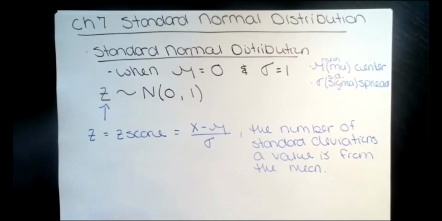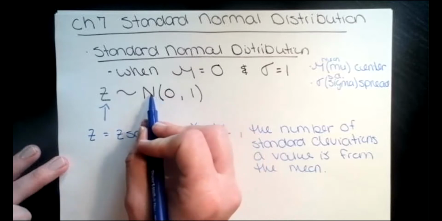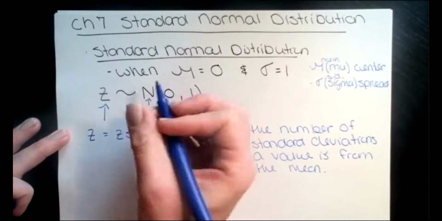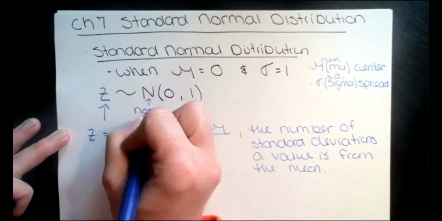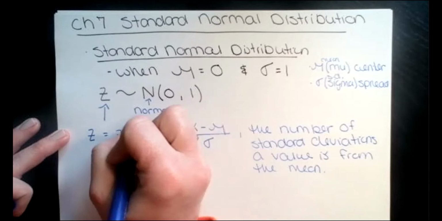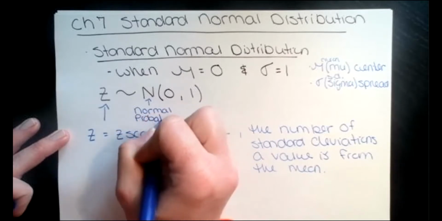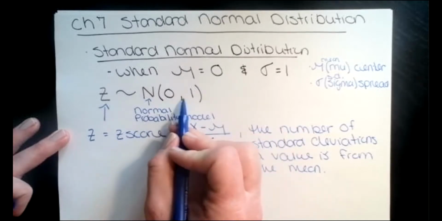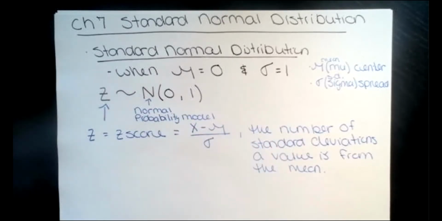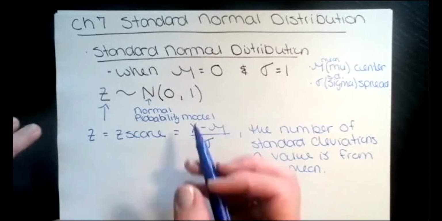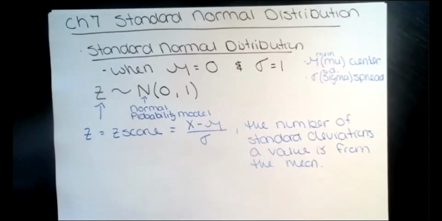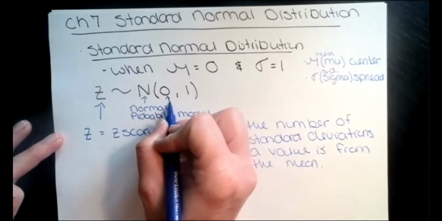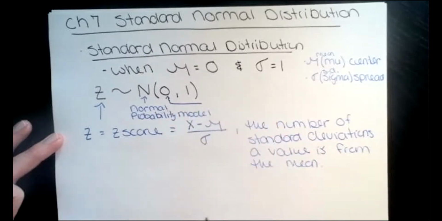Now here, if we think about last class, we had our normal probability model. That's what N stands for. It still does. And we talked about what these numbers would represent. And last class I said, well, it's the center and the spread, it's the mean and the standard deviation, and it still is. It's just there's numbers in there instead of symbols because it doesn't change.